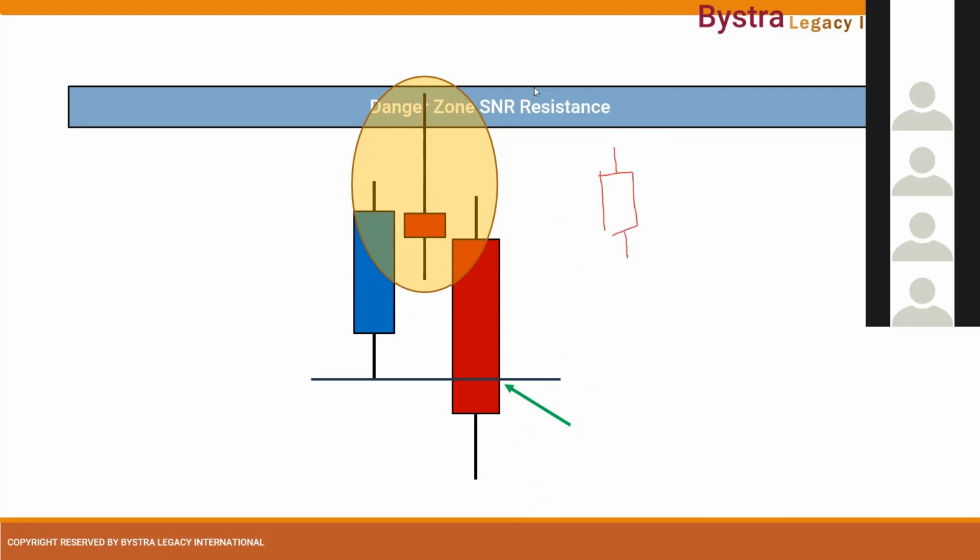Sorry, let me draw this. So this is a bullish candle, right? Price reacted in this area. So how many candles can you use for it to break this area? Maximum is 3 candles. So you don't need to remember the names, like we said earlier, three black crows, three white soldiers, whatever.